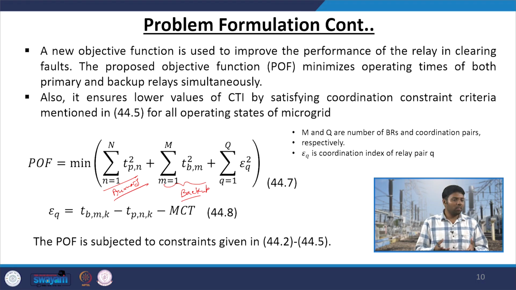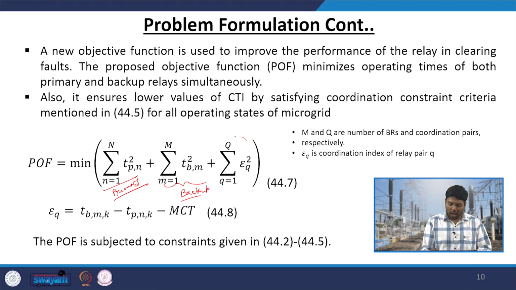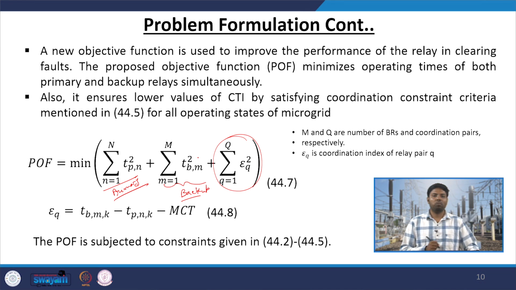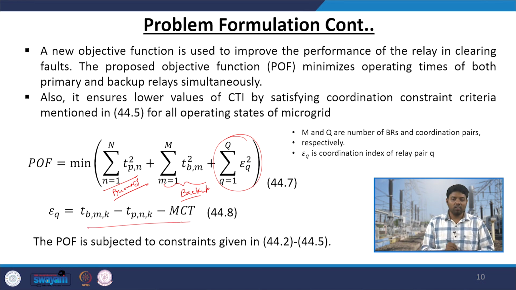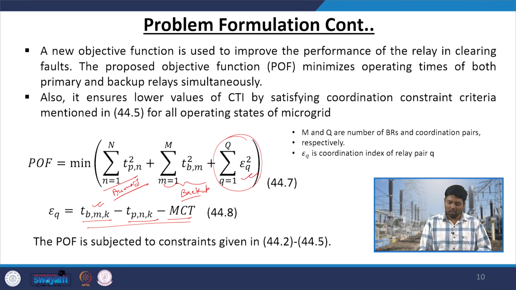But if you do that, there is a tendency that the backup relay will operate together with the primary relay itself. So, to keep in mind that your backup relay will act as a backup, not as the primary, you have to introduce another component, that is your error component. And what is that error? That error is the difference between your backup time minus your primary operation time minus your minimum coordination time, and that should be reduced.